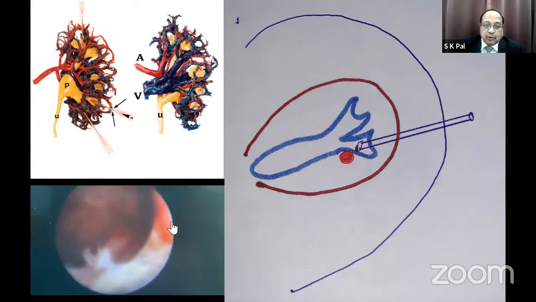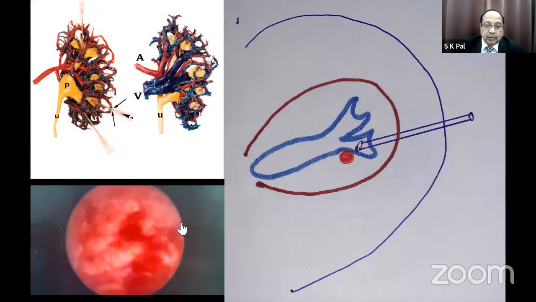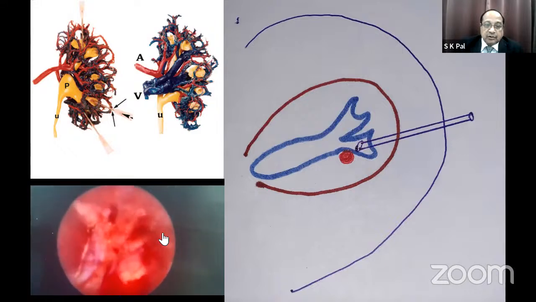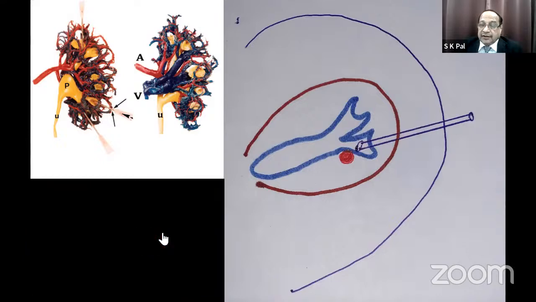Sometimes in nephroscopy, you see such pulsating vessels just below. And if by mistake your tract was large and going through and through, you are going to create a lot of bleeding. So the width of the infundibulum is a very, very important aspect before you take up the case for PCNL. You should see, study, and then decide.